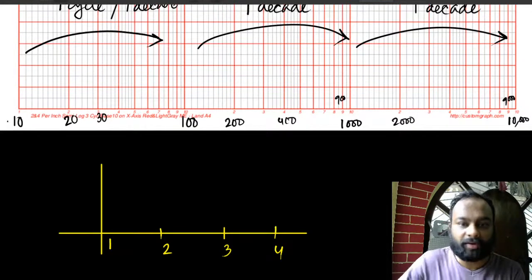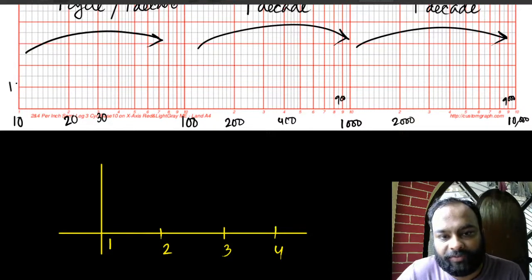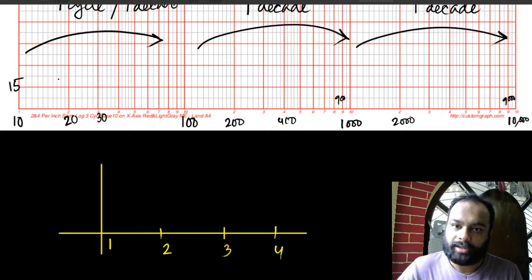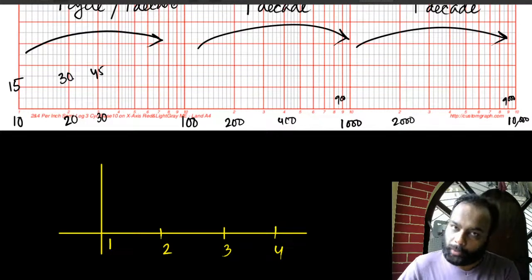So for example, instead of considering this to be 10, try to understand, if you consider this to be 15, right? So this is going to be 30. This is going to be 2 times of that. This is going to be 45. That's going to be 3 times of that.